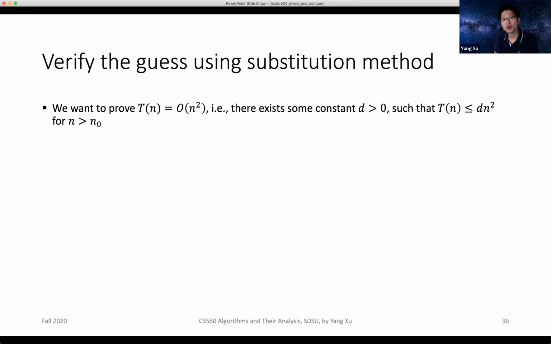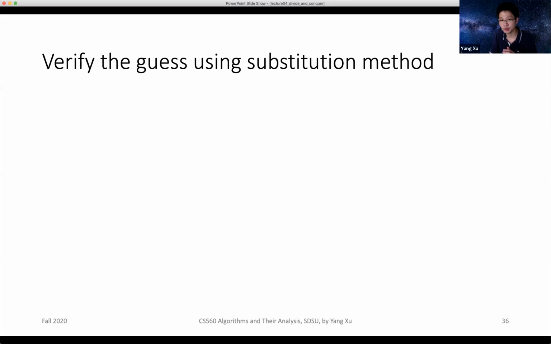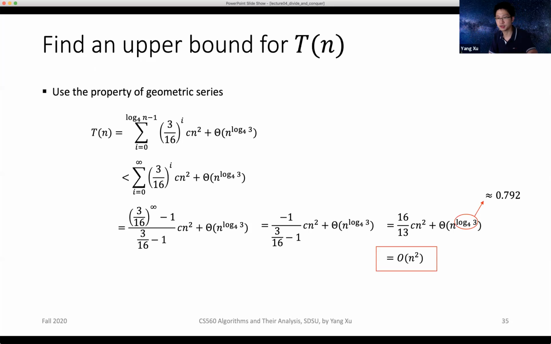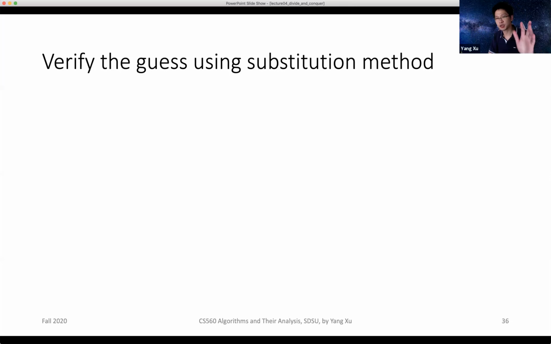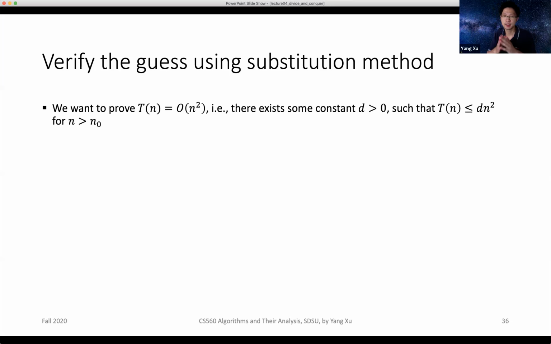Okay, so in order to prove that, we need to follow the definition. We need to find some constant d, right? We use d because we don't want to mess around with the c that we already use. We already use c here, so we want to use a different constant. Okay, we want to show that T of n is bounded by d times n squared for n's that are sufficiently big.